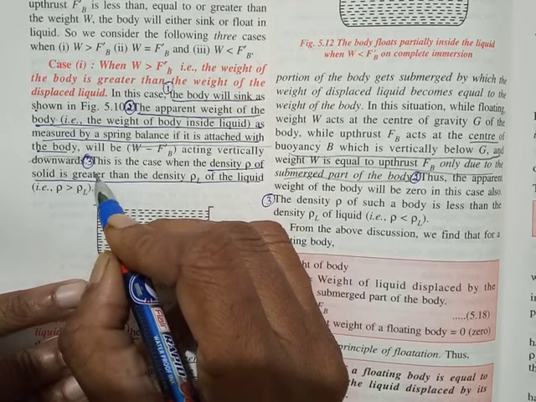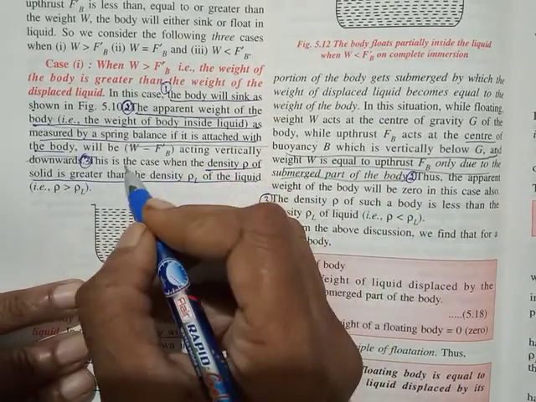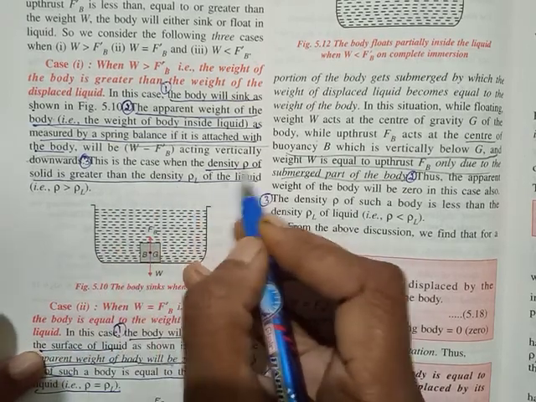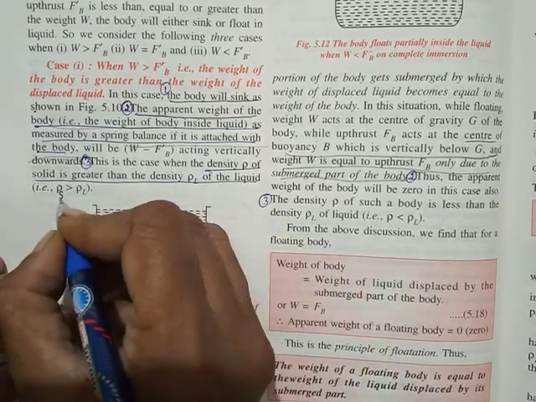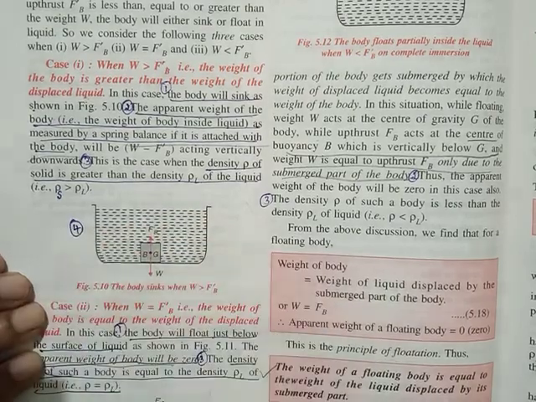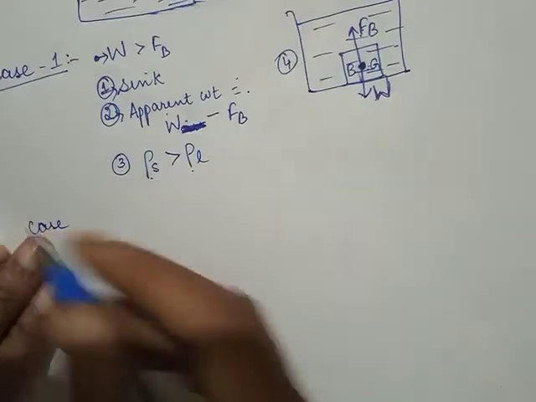If I measure with a spring balance, it will give me the apparent weight. The third one, this is the case when density of solid is greater than density of liquid, when rho S is greater than rho L. And the fourth one is the diagram.